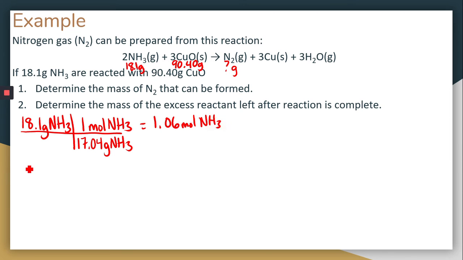And I'm going to do the same thing with the copper. So 90.40 grams of copper 2 oxide. 1 mole of copper 2 oxide is how many grams of copper 2 oxide? So add the molar masses together.